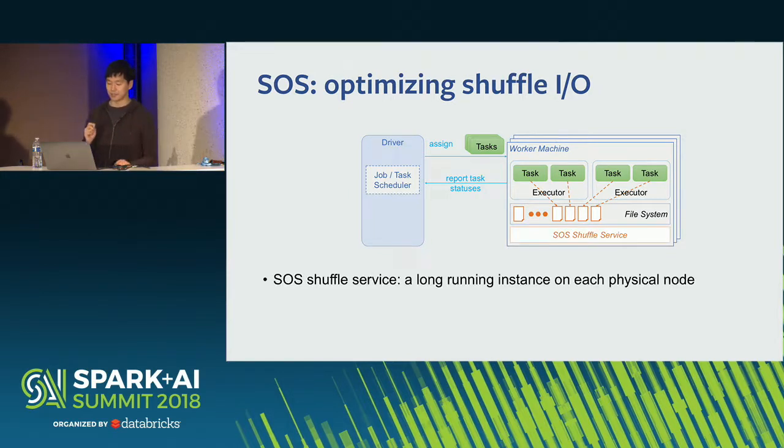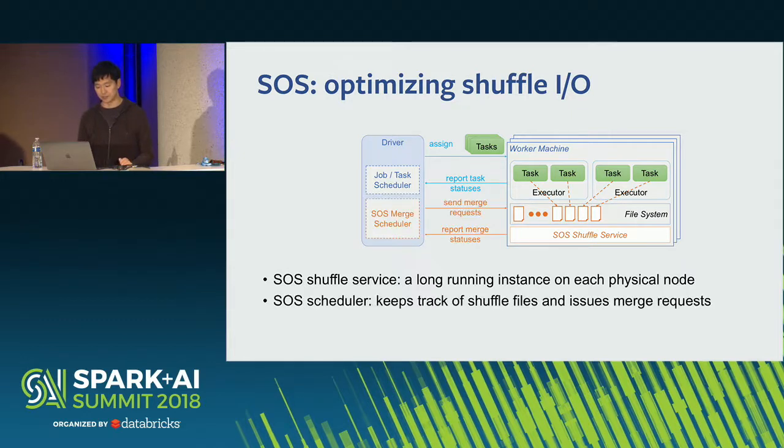So what we add is a SOS shuffle service. Those of you who are familiar with external shuffle service, this is actually piggybacking on that external shuffle service, and we're adding capability to merge. Essentially, we have a long-running instance of each of these on each physical node in the cluster, and what it does is merge together the map files, as we saw in the previous diagram.